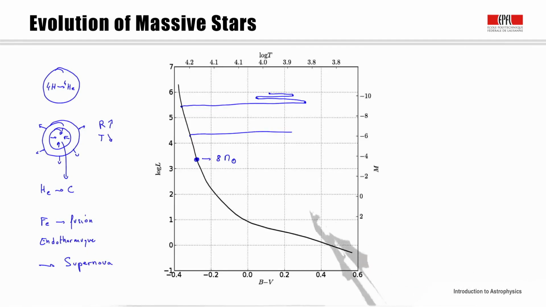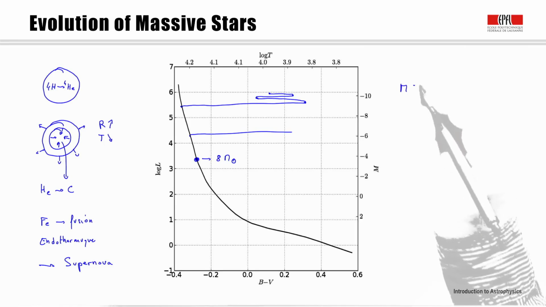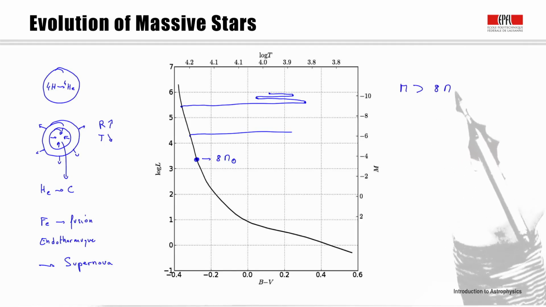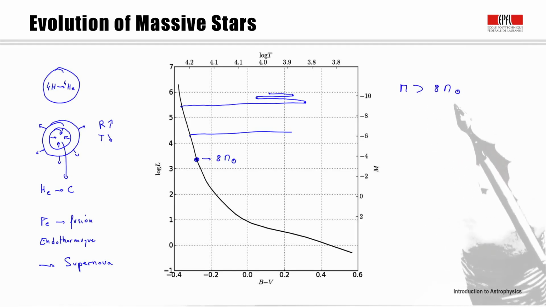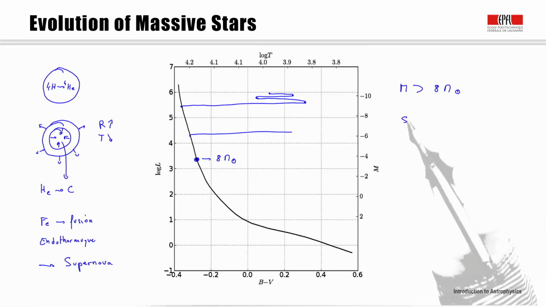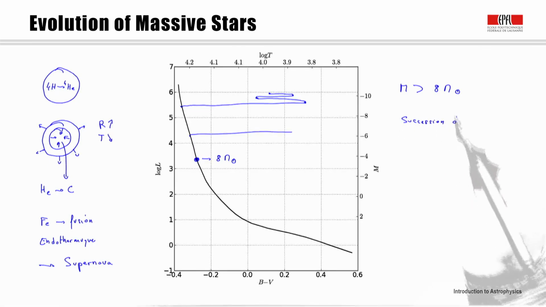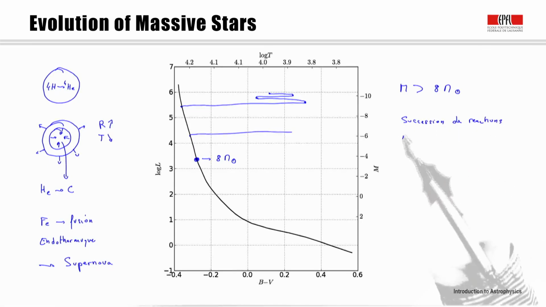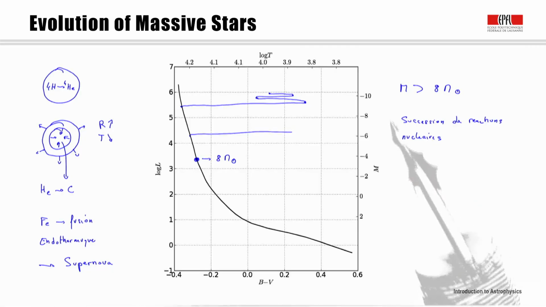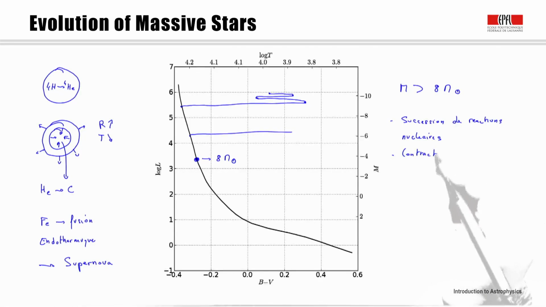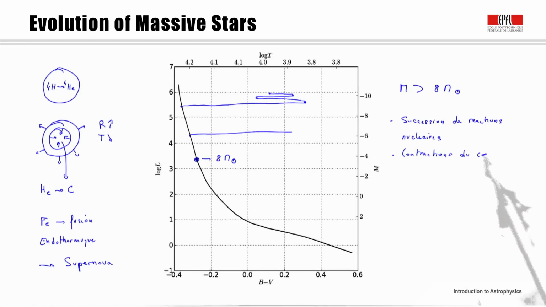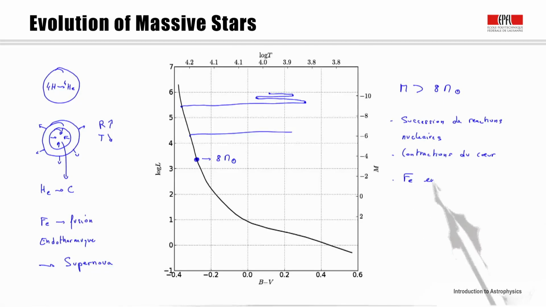For stars heavier than 8 solar masses, there is a succession of nuclear reactions and core contractions until reaching the endothermic iron reaction and thus the explosion of the star.